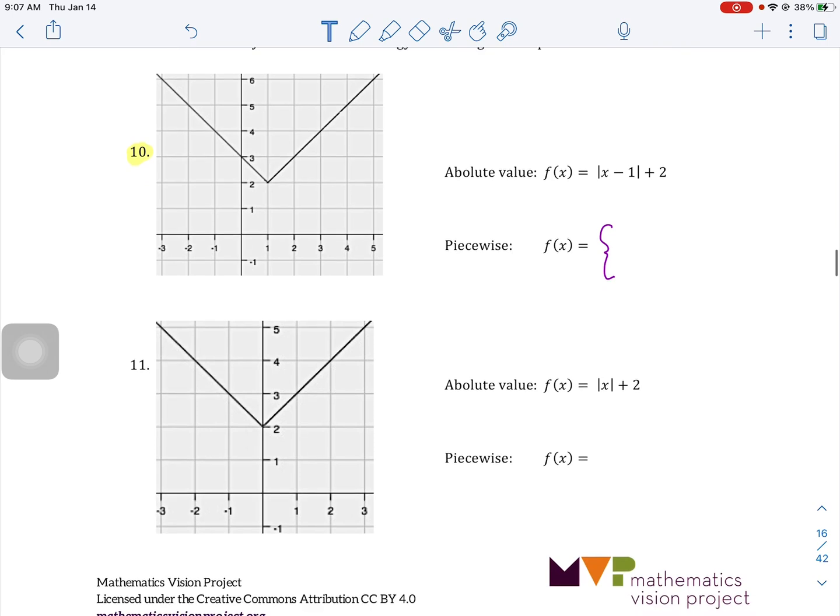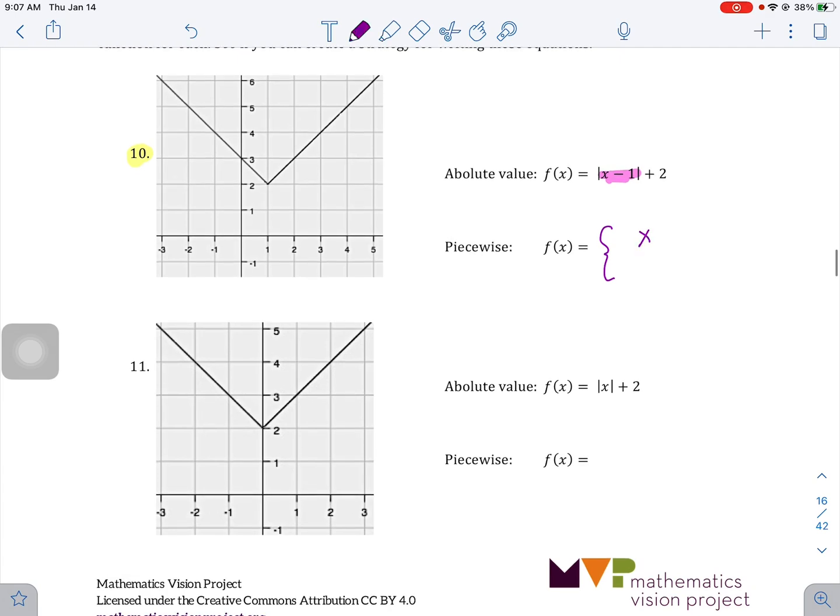Okay, here's another one. Let's say you're given the absolute value function. Notice it's an x minus 1, so your piecewise function is also going to have an x minus 1. And notice this one has a vertical shift of 2, so you're also going to have a vertical shift of 2.